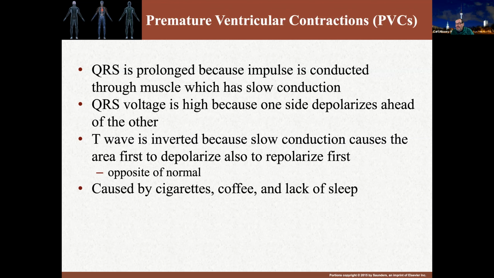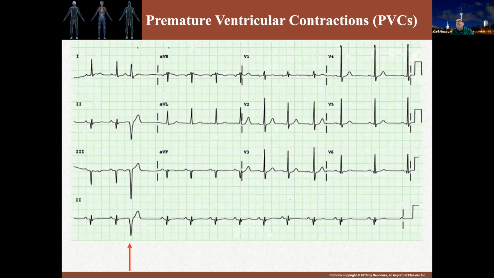Notice again the usual suspects here of cigarettes, coffee, and lack of sleep. Classic scenario for students. So here we see a PVC, a premature ventricular contraction in this EKG. Notice in leads 2 and 3, this appears inverted. Now, we don't know what this looks like in the other leads because we don't get one in the other leads.